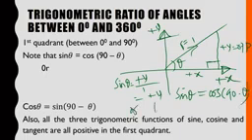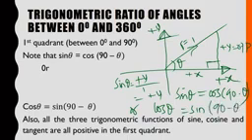So cos theta is equal to sine of open bracket 90 minus theta. Please take note of this. Sine theta is equal to cos of open bracket 90 minus theta, and cos theta can be changed to sine by using 90 minus theta, the same relationship stated as follows.